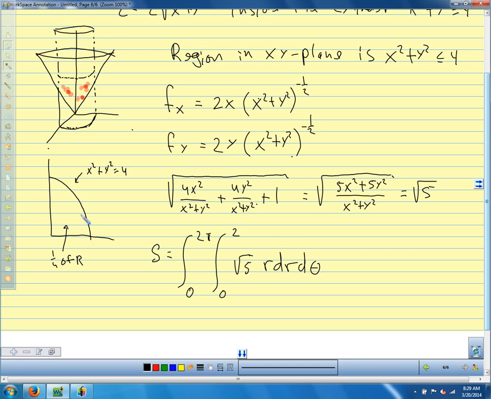That's the area of that circle. So this turns out to be the square root of 5 times the area of this circle, 4 pi, sorry, radius is 2. So this looked like it was going to be very difficult, looks ugly, turns out very nice. And we didn't even have to evaluate an integral.